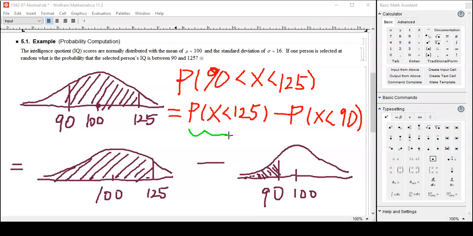So this one corresponds to the first picture, and this one corresponds to the second picture.